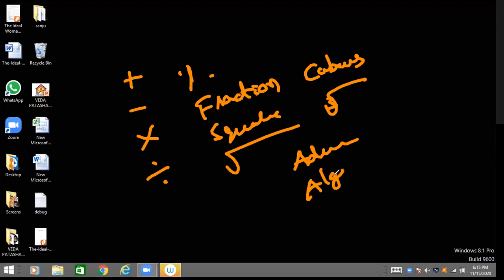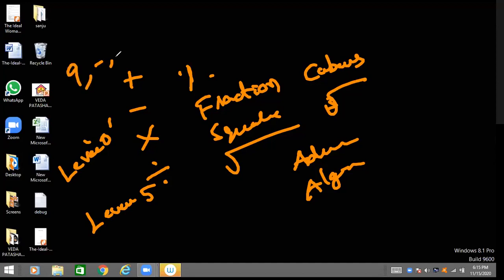These are a total of 5 levels, and there is also level 0, for the students who don't know 9 tables and simple addition and subtraction. So this is for level 0.